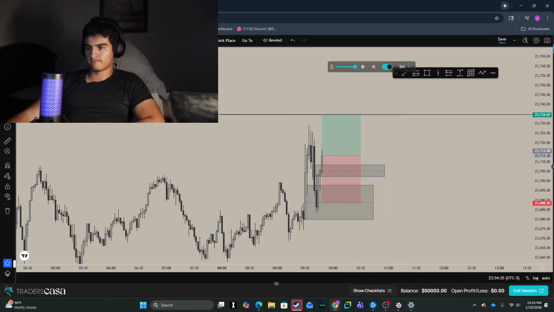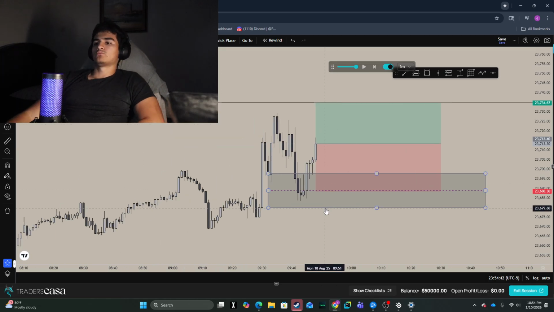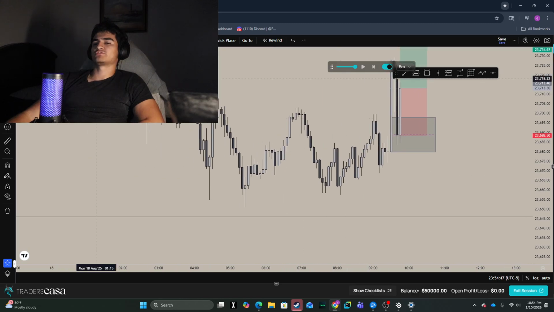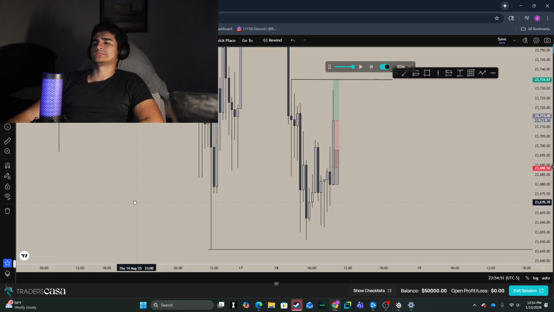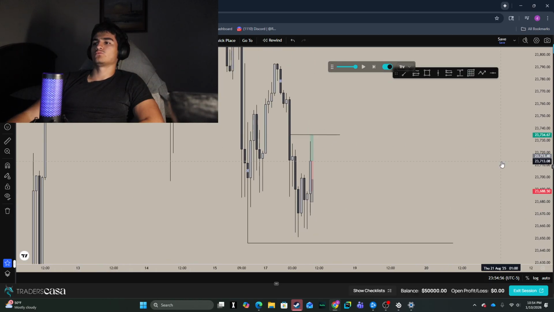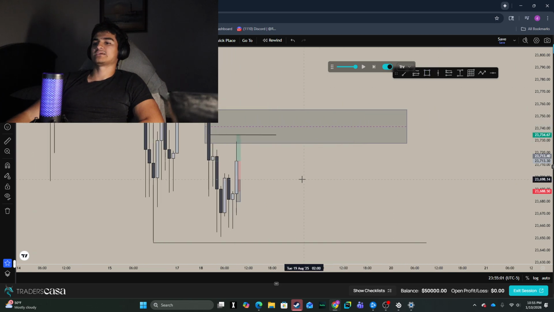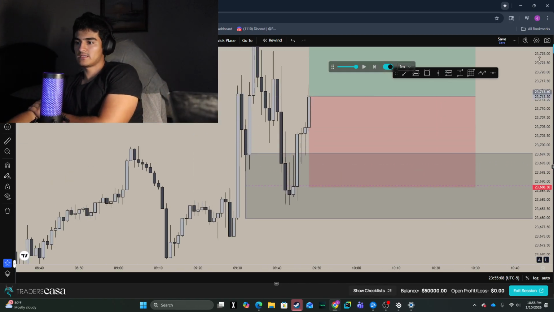Whoa. Yeah, it's a good setup. I would take this. But we still haven't taken those lows yet. Oh man, oh man. And we tap into the range of this mitigated 1 hour gap there.